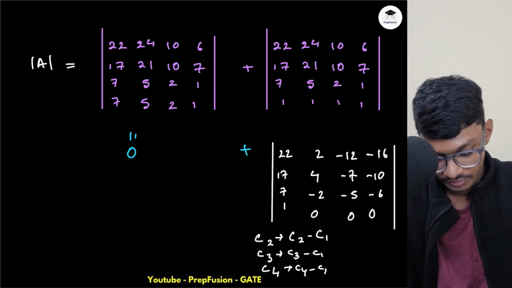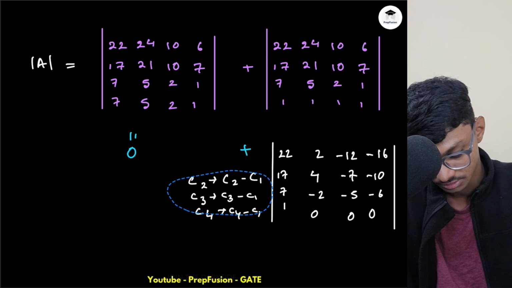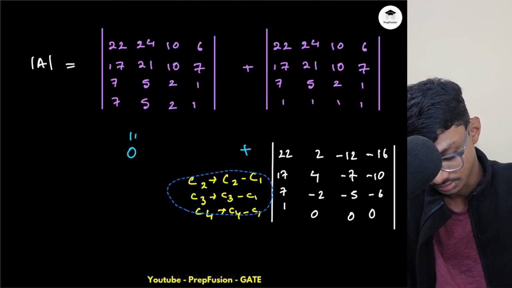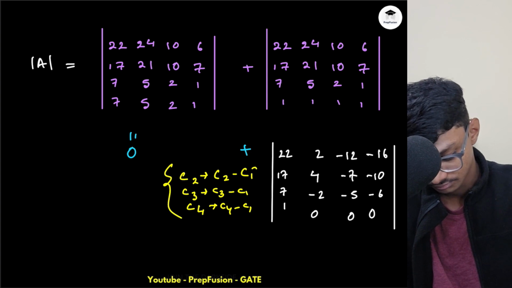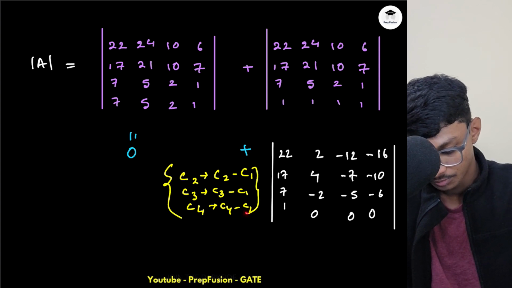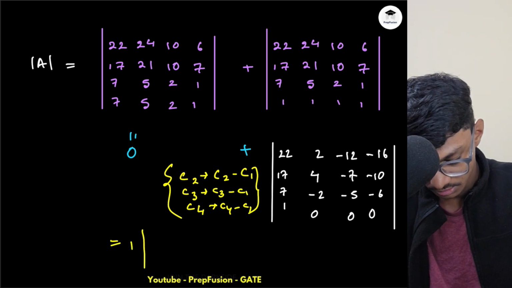If you simply solve it, what you will see is, let me just put this side over here. Let me color this with different things. Simply you expand about this row, then this will become one determinant of this thing, right? Minus 12, minus 12, minus 16.